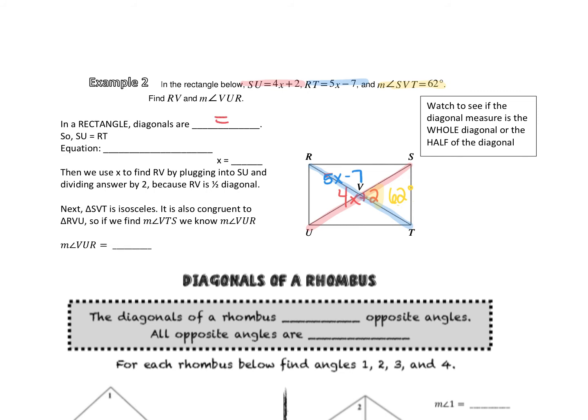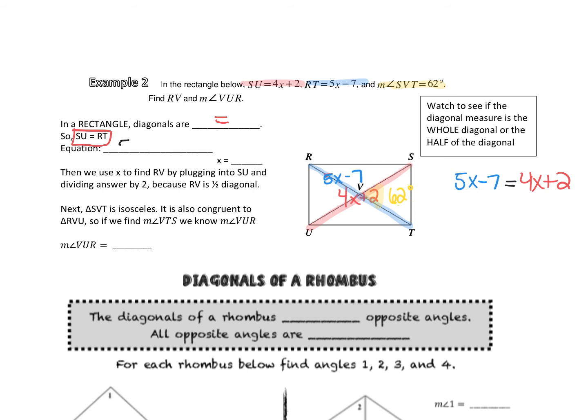Therefore, we can set up an equation and say that SU is equal to RT. So we have 5x minus 7 equals 4x plus 2. The two diagonals are equal to one another, and then we're going to solve for x.